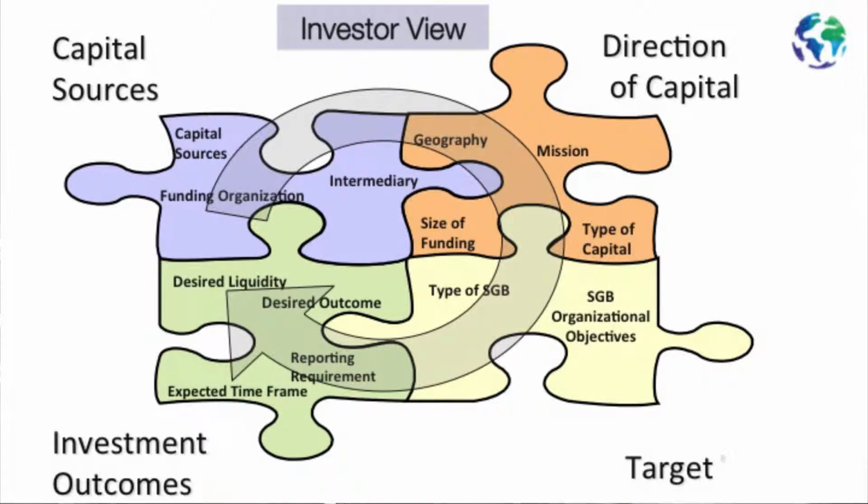And finally, you need to be quite clear to the investor how they are going to get the outcomes that they're after. In this case, an investment outcome has to do not only with a financial return, which may be required, but also on a social or environmental impact return. Being clear on both is very important to a successful meeting.